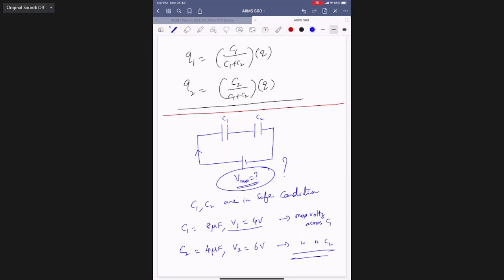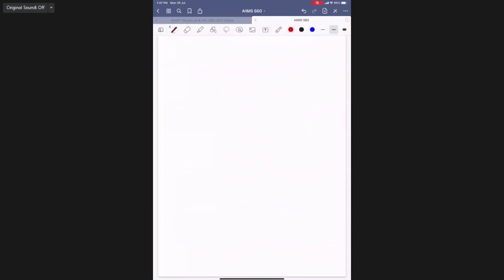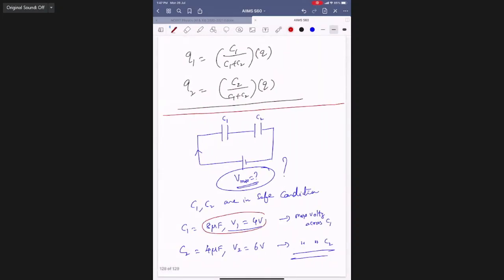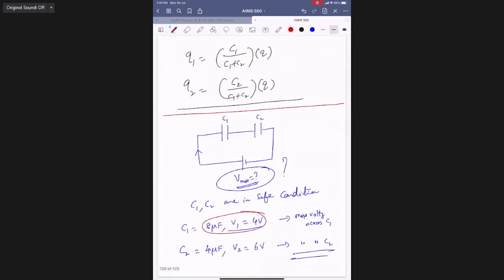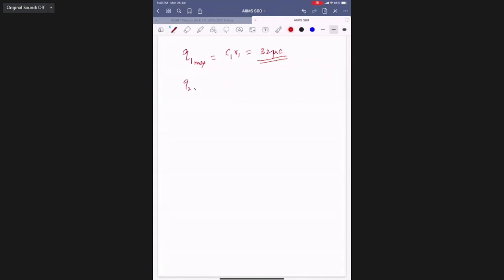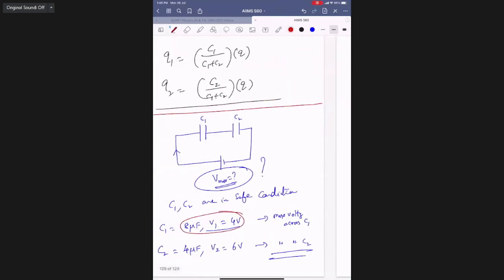Now according to the given data, what is the maximum charge the first one can hold? Q1 max is C1 into V1 only. How much? 8 into 4, 32. Okay. What about the second one? C2, V2.